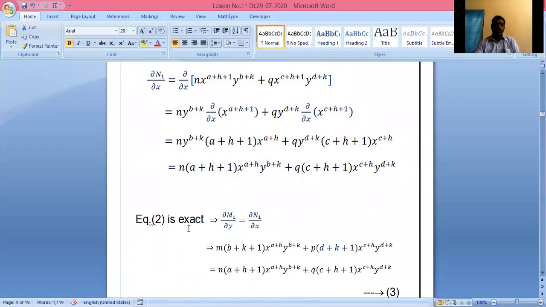Equation 2 is exact, which implies ∂M1/∂y = ∂N1/∂x.